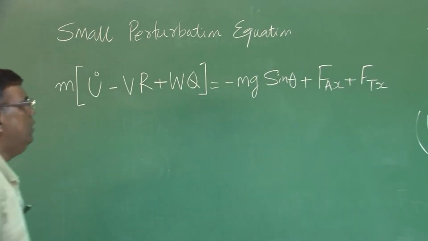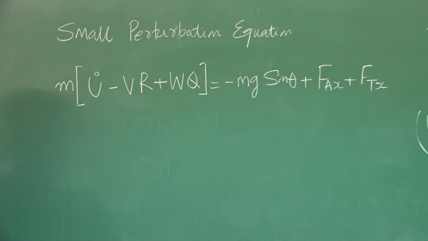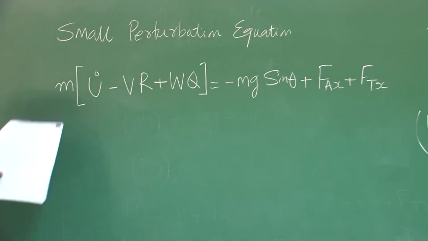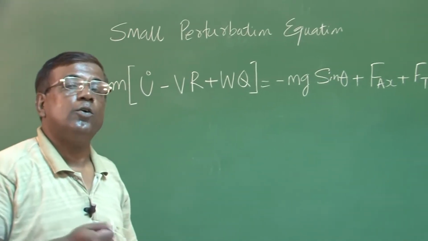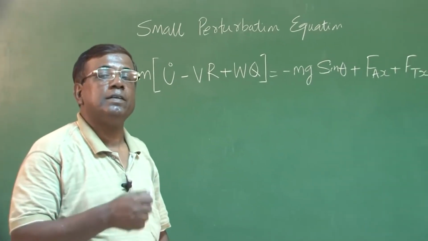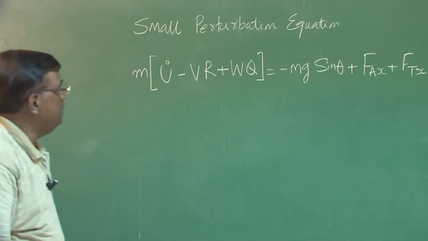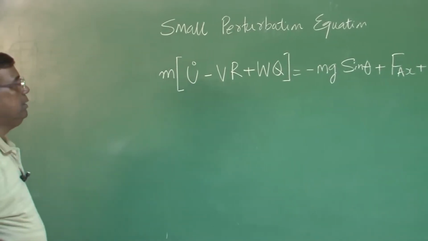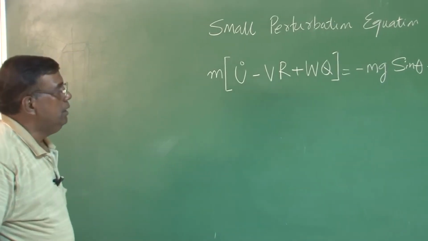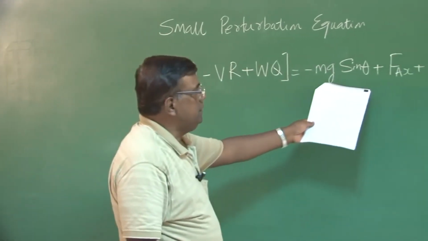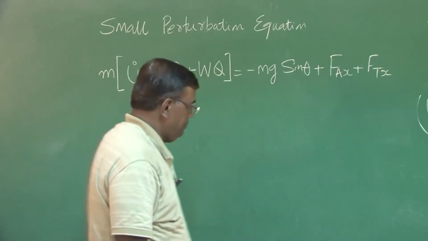Please understand, what are all these equations talking about? What are UVW? UVW is the component of total velocity measured with respect to inertial frame, but resolved along local xyz or body fixed xyz direction. Similarly, Q is the pitch rate, R is the yaw rate, and these are the forces along x direction.